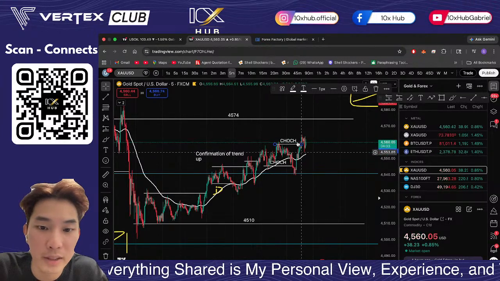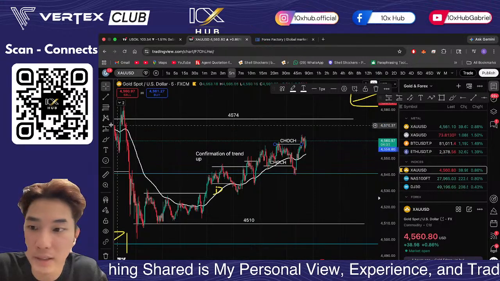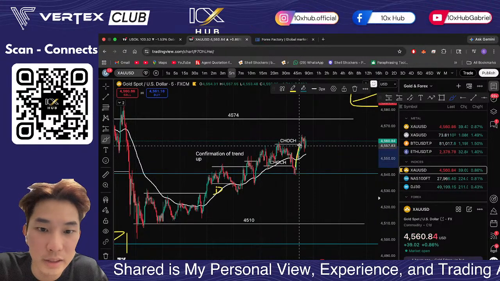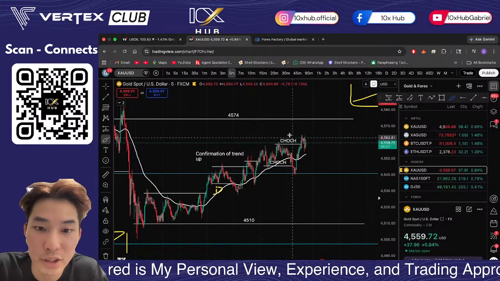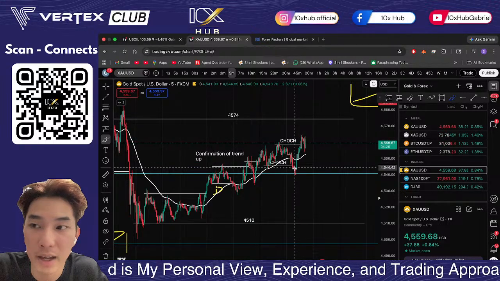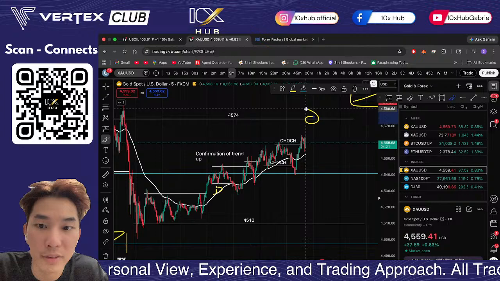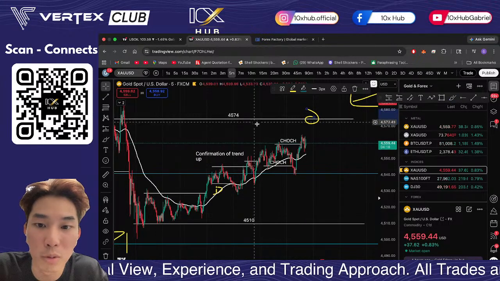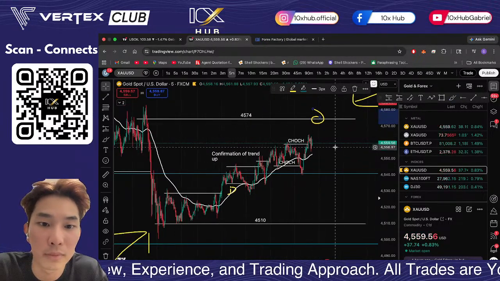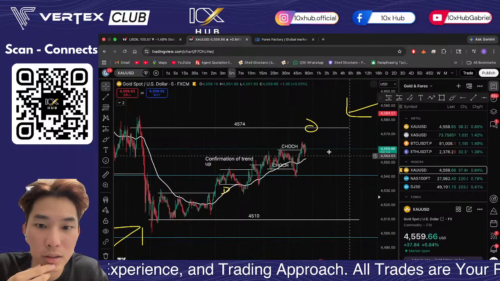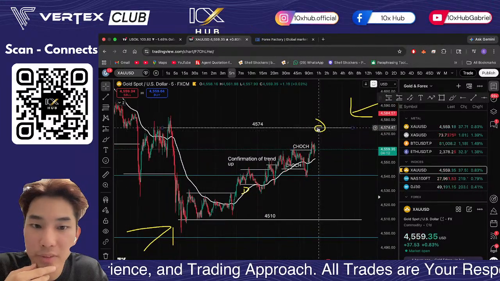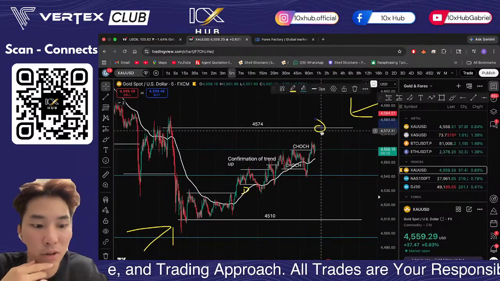Most probably right now, if this CH or CH really happens and it goes up, most likely it will form and close above this key level 4574.